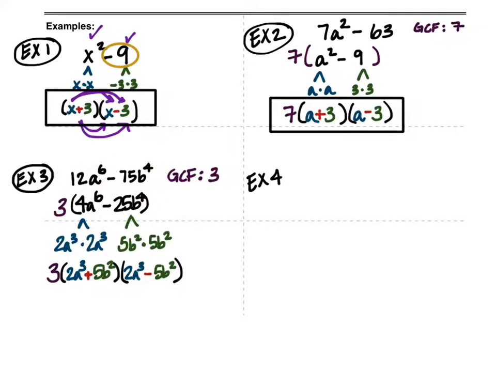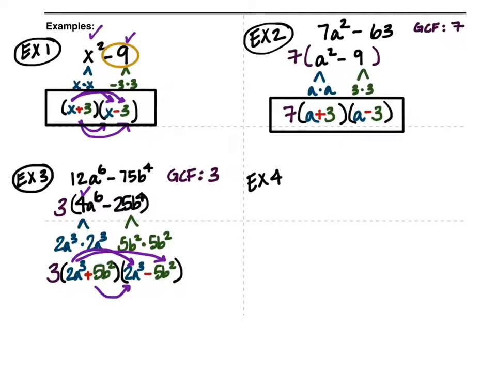So when I do this whole FOIL process, here we go. I have 2a to the 3rd times 2a to the 3rd, and in fact get 4a to the 6th. 2a to the 3rd times minus 5b to the 2nd gives me a negative 10a to the 3rd b to the 2nd.